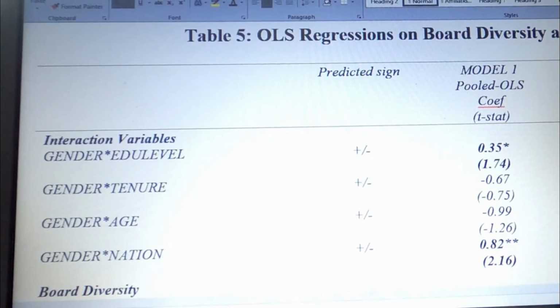Alright, now how are we going to interpret this result? Since we have these negative or positive signs, how can we understand this finding?